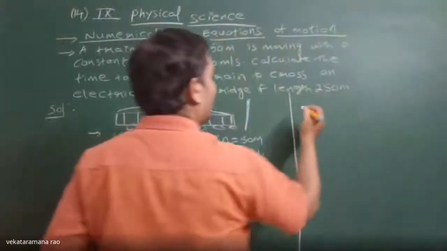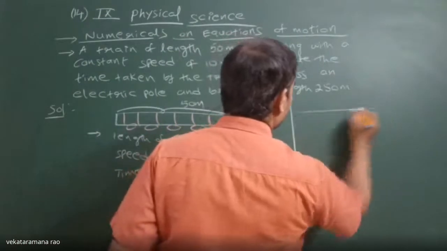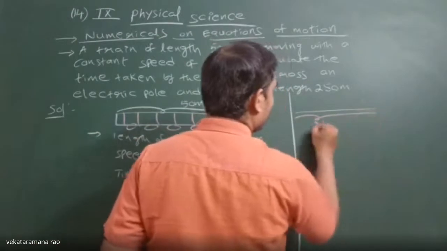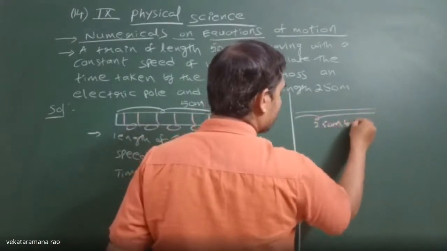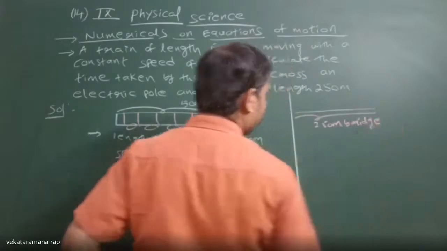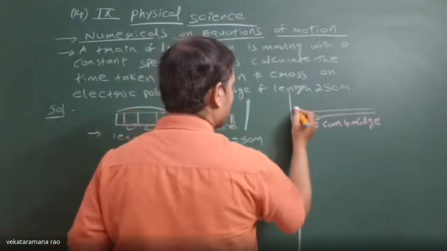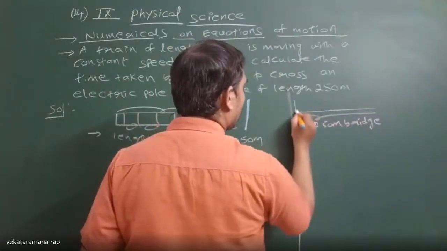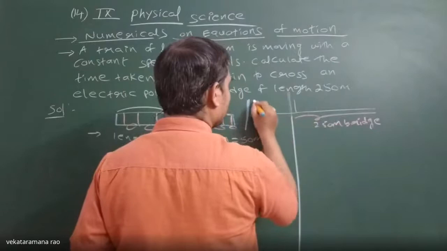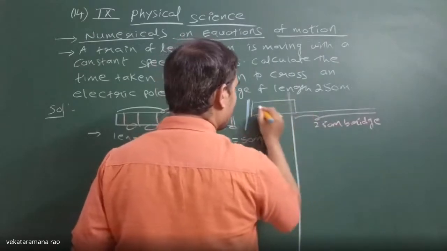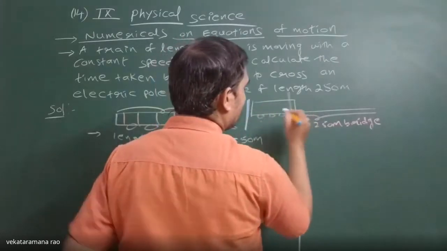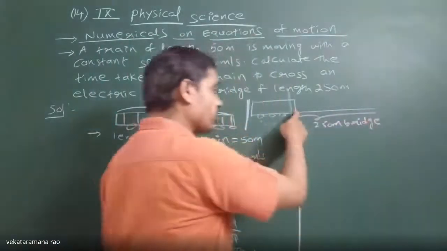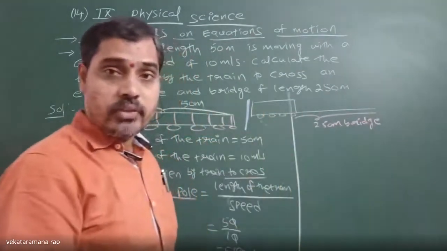Next, this is a bridge whose length is 250 meters. The train will start here. When the train starts, it has to travel the total length of the bridge plus the total length of the train.